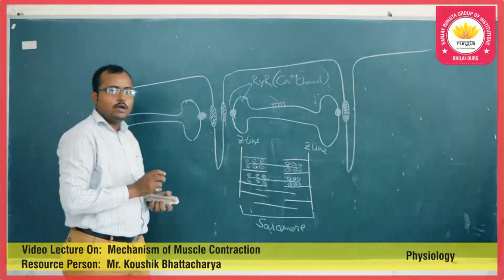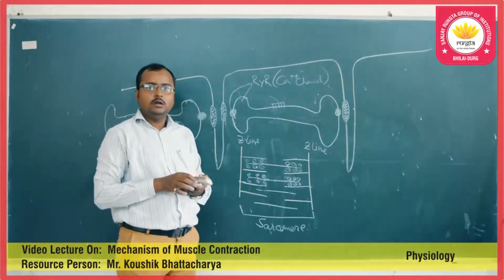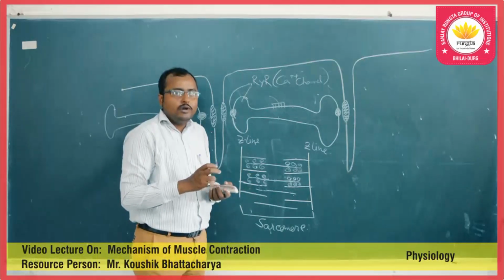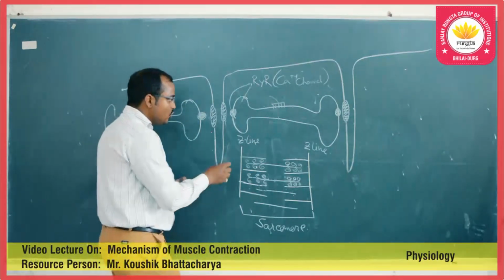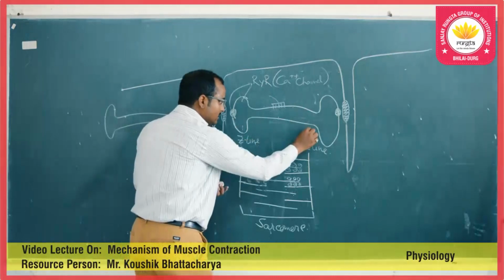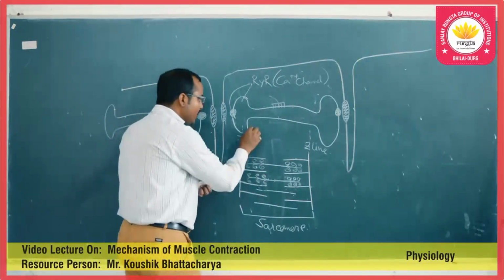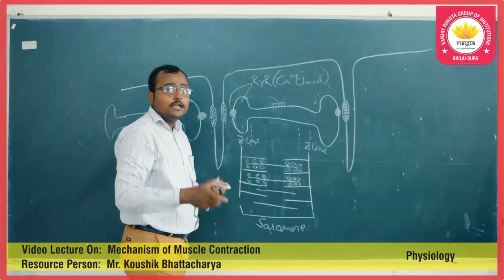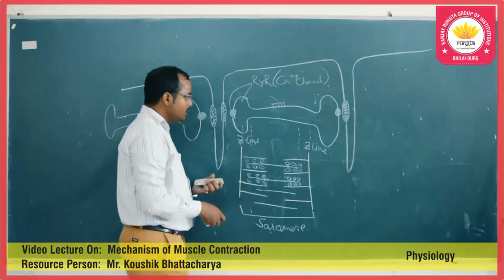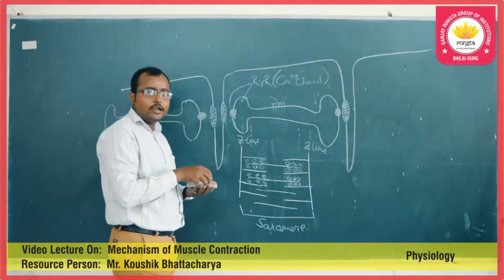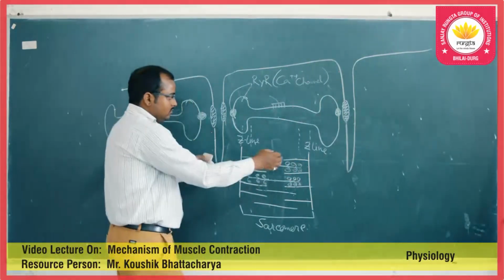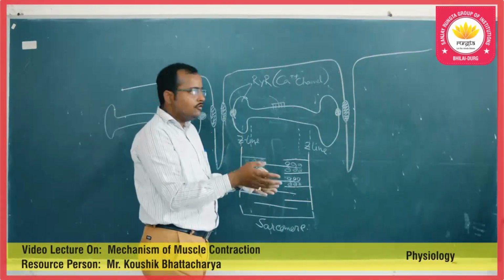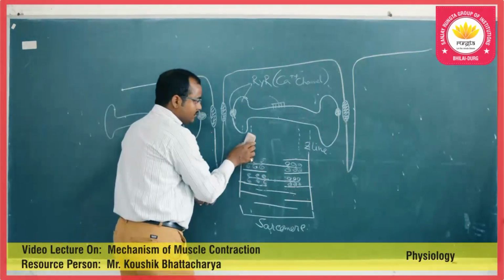So if at any condition the shortening of the sarcomere takes place, that means the muscle has been contracted. So how has this muscle been contracted, how has the distance between the Z lines been shortened, we have to discuss now.